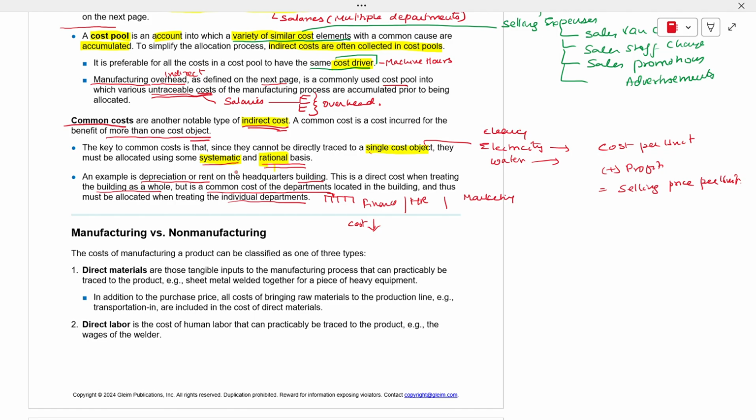Otherwise, when we are making a performance evaluation, automatically the cost of the finance department will be more, whereas the cost of the HR department will be less. Not only in terms of department, but in terms of product also.